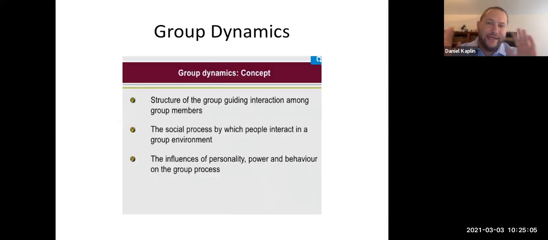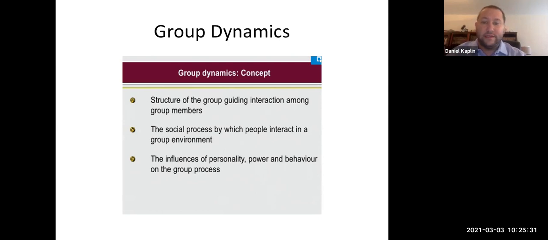All right, so in concept, group dynamics are, as I said, factors within a person or within the group that impact how we relate to one another. So when we think about it, the structure of the group guides interaction among group members.